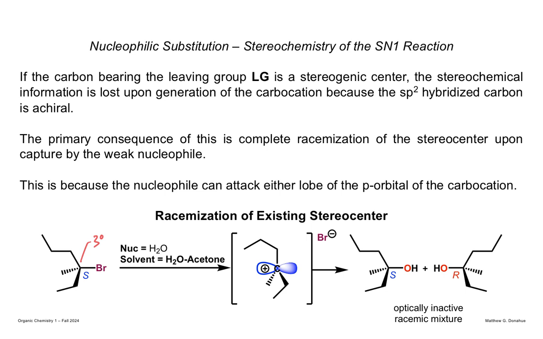So in this case, the nucleophile is water, but it's a mixture of water and acetone to help solubilize things. So again, there's no strong nucleophile, so it has to go SN1. And then when this bond ionizes, the carbon is now sp2.